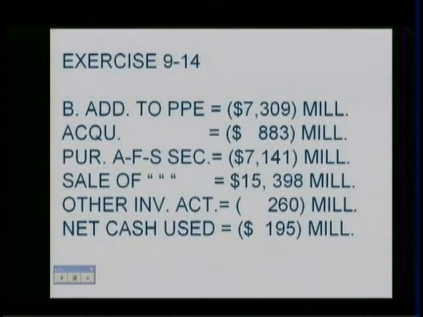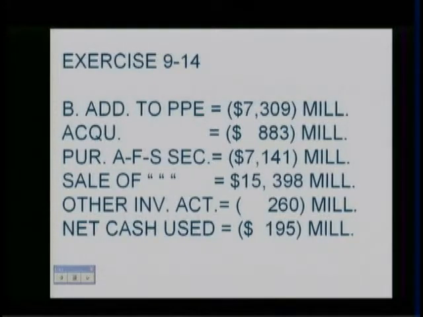You see that one? Additions to property, plant, and equipment. Purchase of available for sale securities. So you can look at a lot of those and see all the different things that happened.